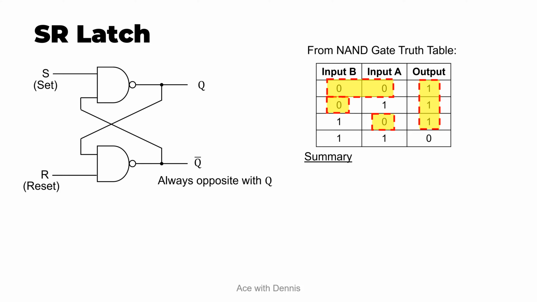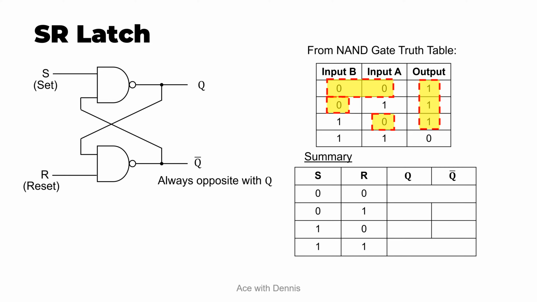To summarize all 3 cases, here is the truth table of this SR latch. For S and R, we have these 4 possible combinations: 0,0, 0,1, 1,0, and 1,1. From case 3, we know that when both S and R are 0,0, it gives us an invalid function because the results are undesirable.